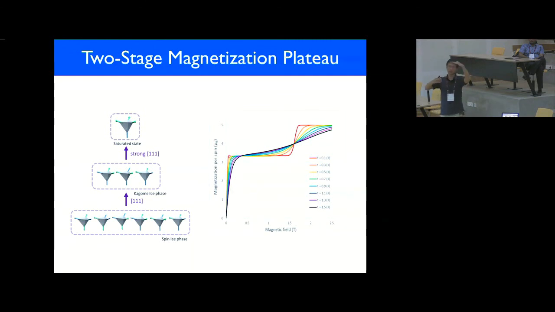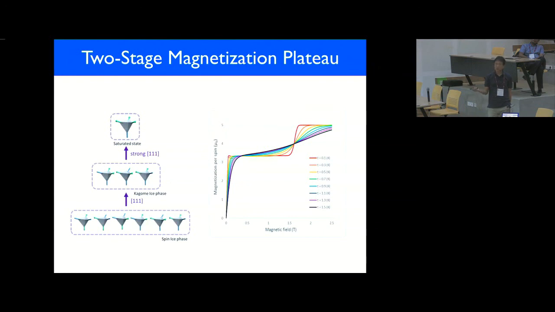If you have a downward triangle, then to satisfy the ice rule, because this spin is already pointing up, you have only 2 out, 1 in configuration, but you still have some degeneracy. And if you further apply a stronger magnetic field in the 1-1-1 direction, you go to this saturated state, so all the spins point in the field direction.